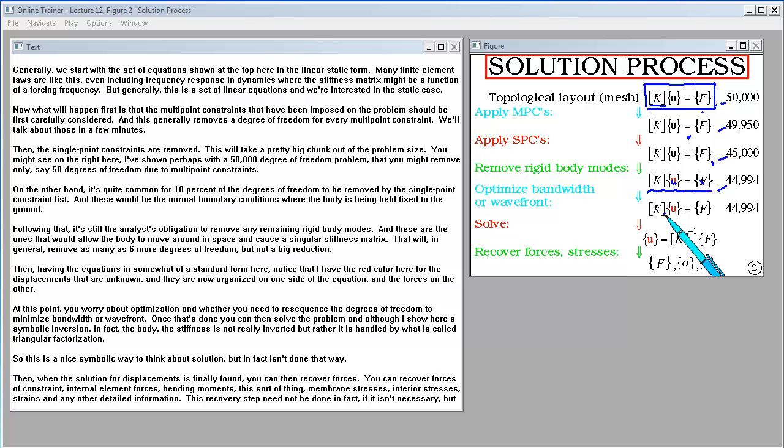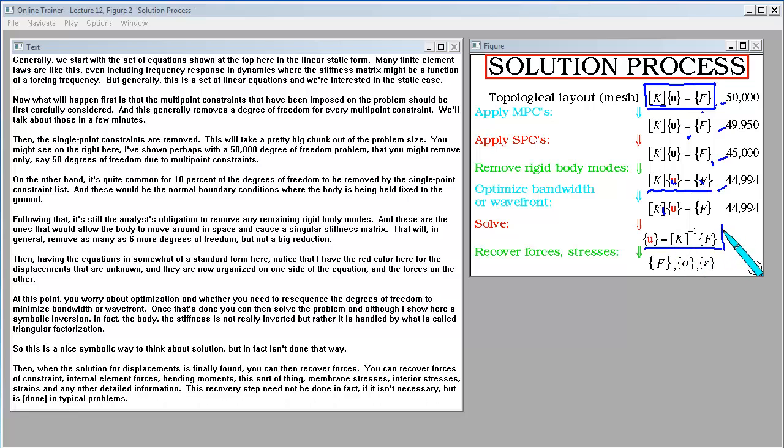Once that's done, you can then solve the problem, and although I show here a symbolic inversion, in fact the stiffness is not really inverted, but rather is handled by what is called triangular factorization. So this is a nice symbolic way to think about solution, but in fact isn't done that way.